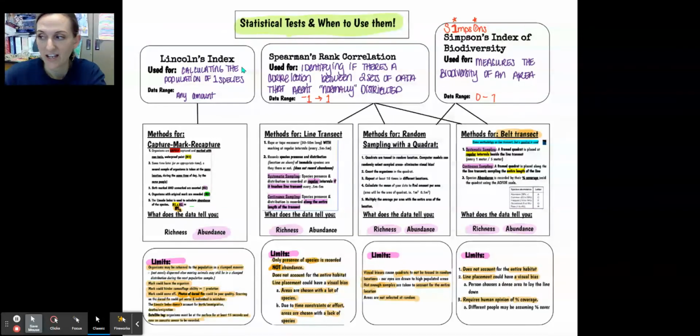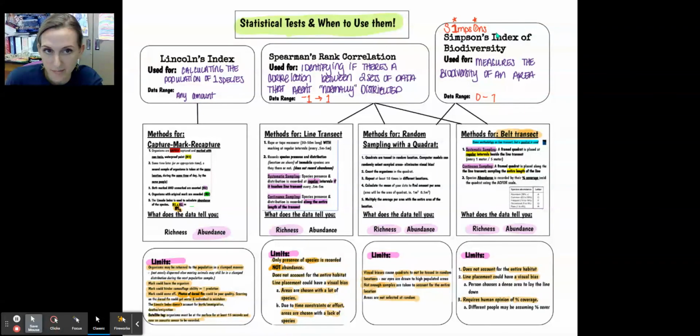Do you want to see if the species is increasing or decreasing because of this other factor? Then we'll run the Spearman's rank correlation. But correlation does not mean causation. It does not mean that they're the cause of each other. Just because they seem to follow a pattern, it does not mean that they are the cause of the pattern. It could just be a coincidence.